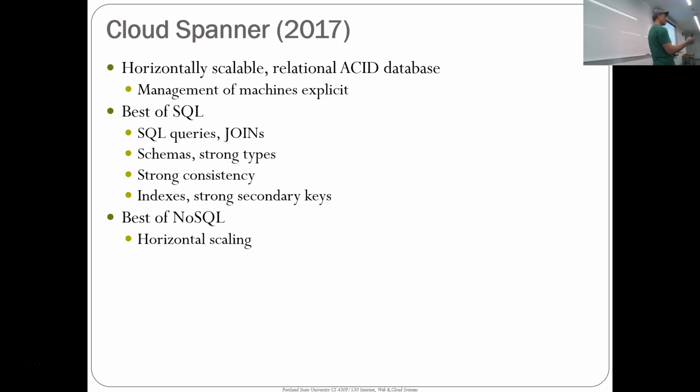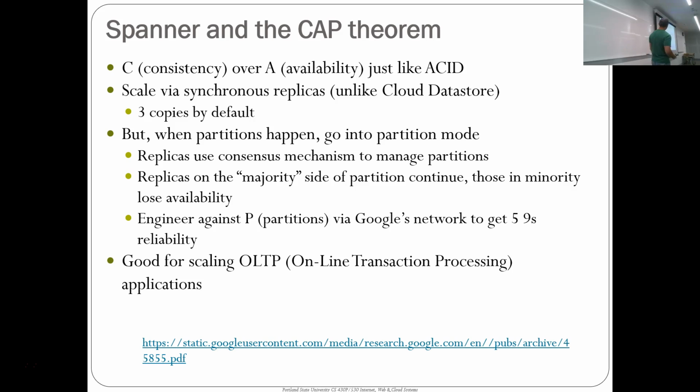So it's trying to do the strong consistency and support SQL, but then allow you a whole bunch of replicas, and it will try and keep those replicas strongly consistent. It wants to give you the best of SQL, all of the querying support, but then the best of NoSQL, which is this horizontal scaling. So this is their goal.